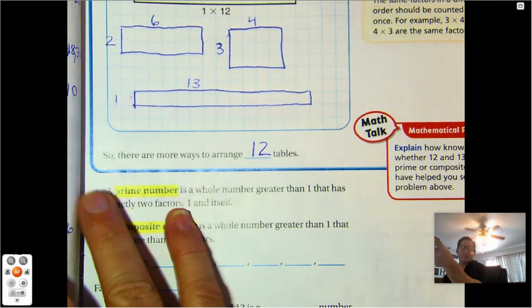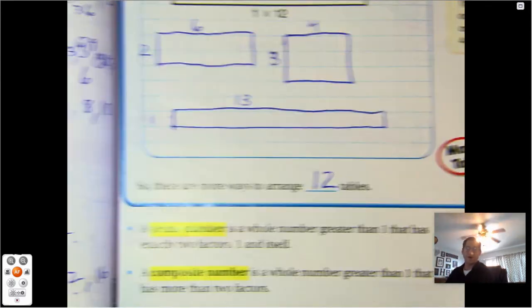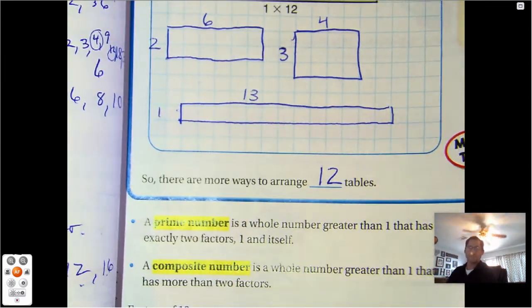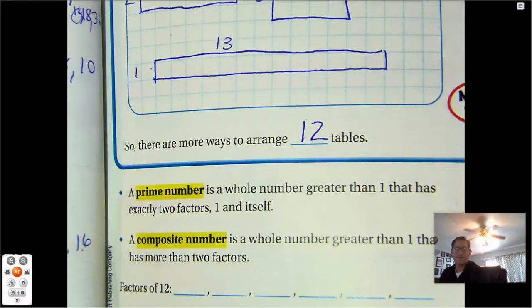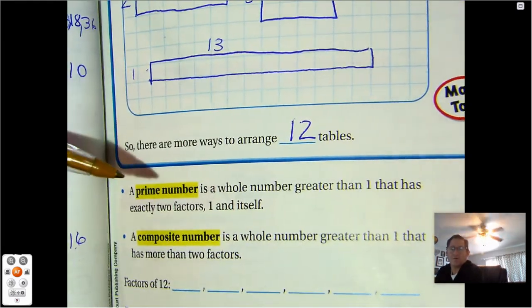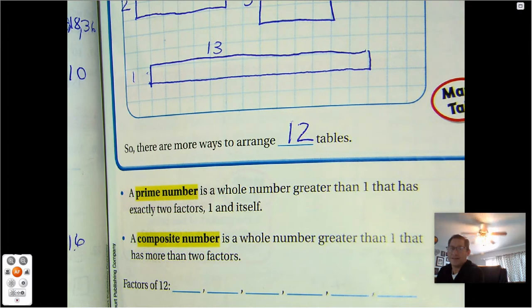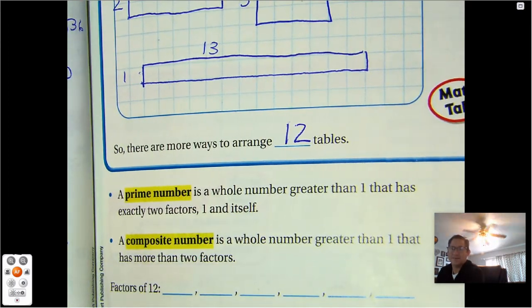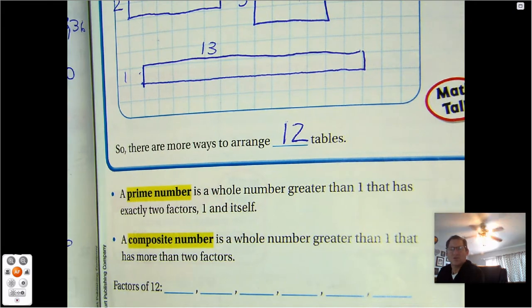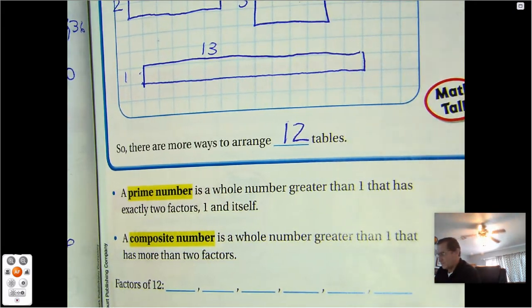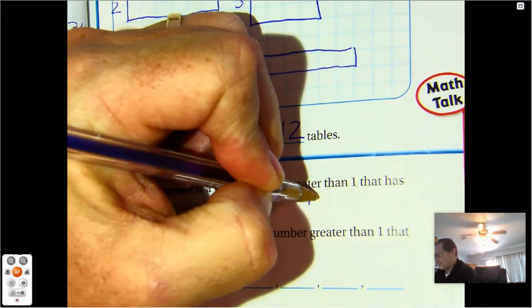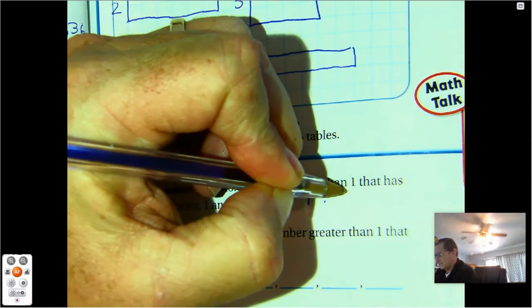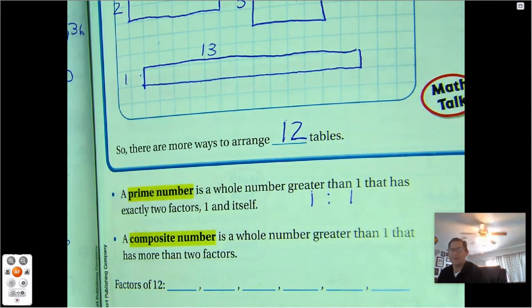So let's look at the definitions. A prime number is a whole number greater than 1 that has exactly 2 factors, 1 and itself. So why has it got to be greater than 1? Well, let's look at that. What are the factors of 1? Well, the only factor of 1 is 1.